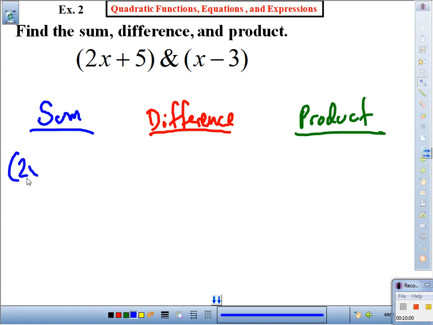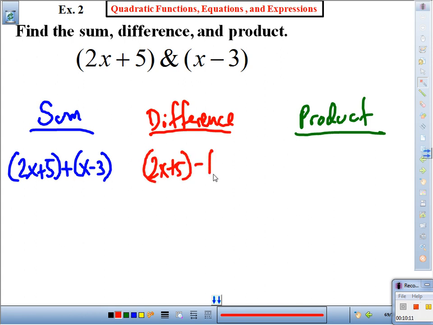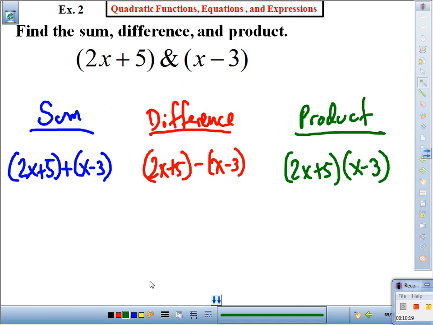We got 2x plus 5 plus x minus 3. 2x plus 5 minus x minus 3. And 2x plus 5 times x minus 3.